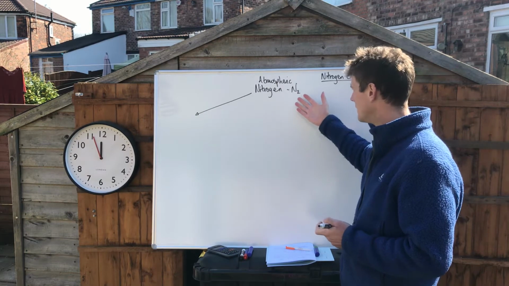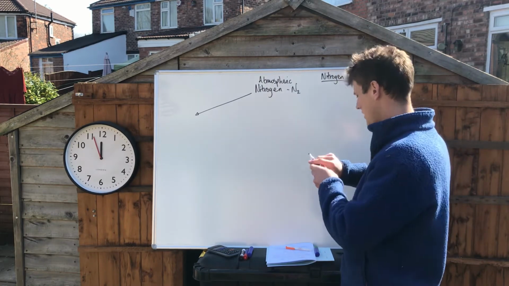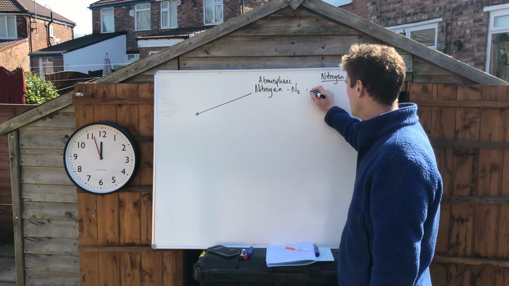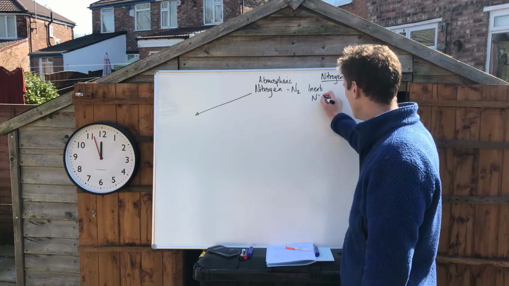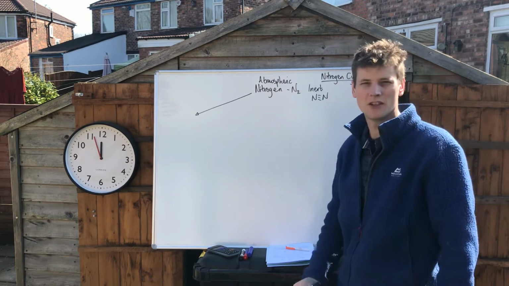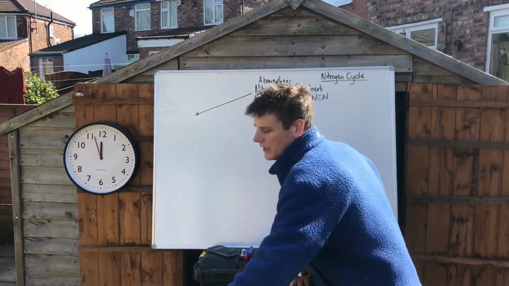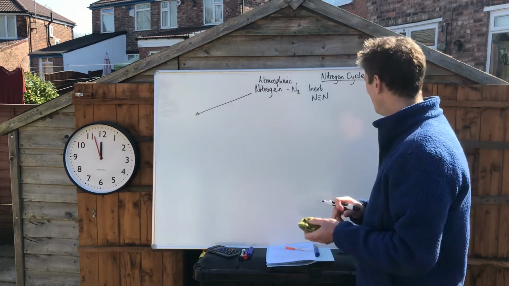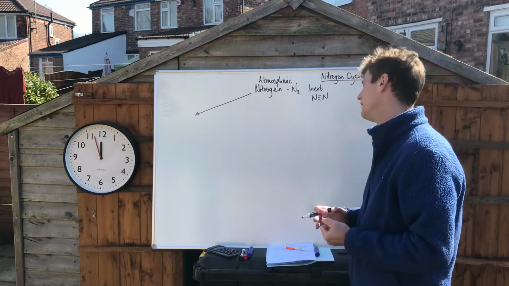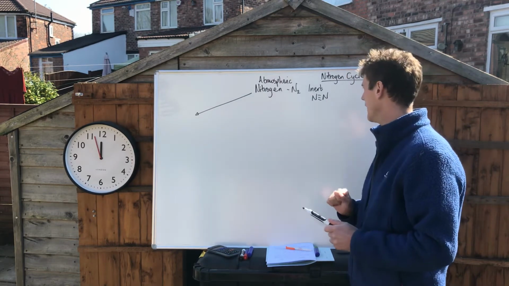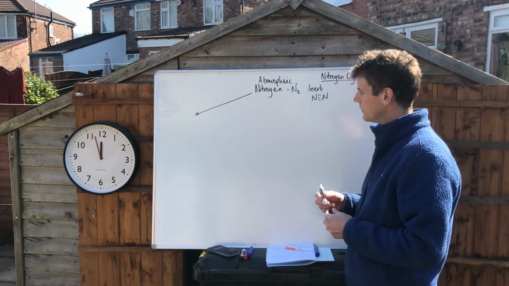nitrogen is the most common gas in the atmosphere. However, nitrogen is really inert and unreactive, and the reason for that is it's got that triple bond between the two nitrogen atoms, and that triple bond requires loads of energy to break, and therefore plants and organisms are unable, mostly, to make use of that nitrogen in the atmosphere, with the exception of the first organisms that we're going to look at in a moment.